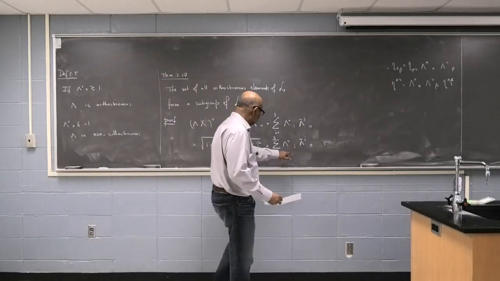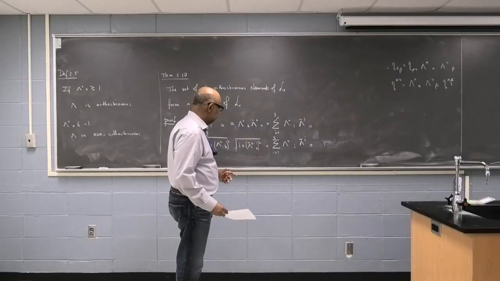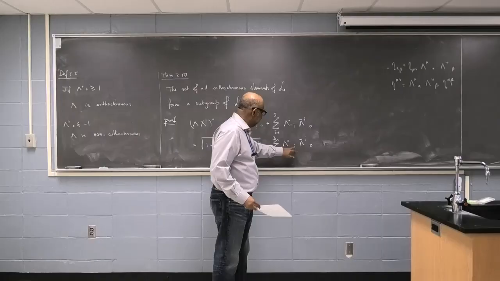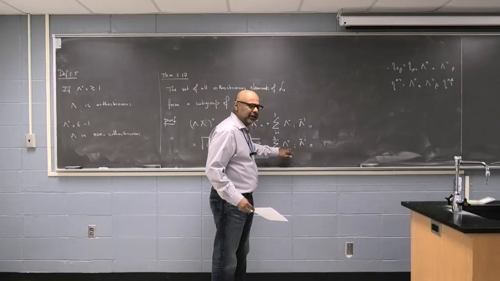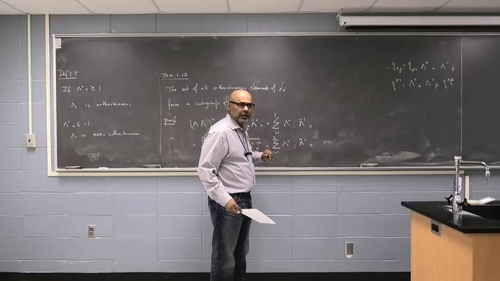But look at this. What we want to show is this is greater than 1. What is this? At the end, it's 3 pairs of numbers that are multiplied, correct?